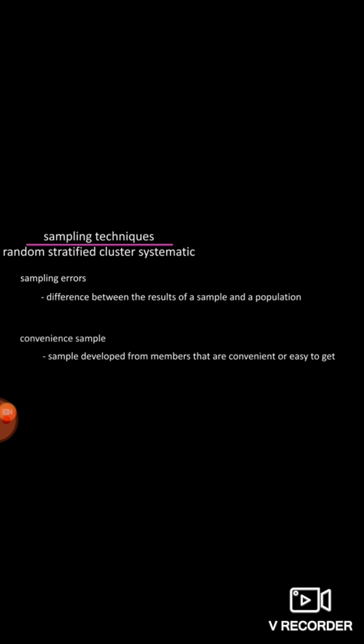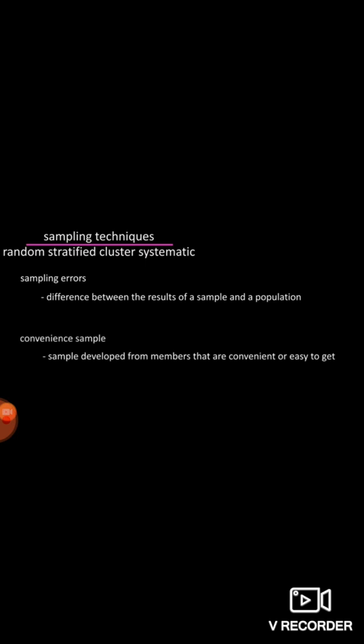For example, if an investigator wants to conduct some study on schools, according to his convenience he will only go and collect the sample from the schools which are near to his house.